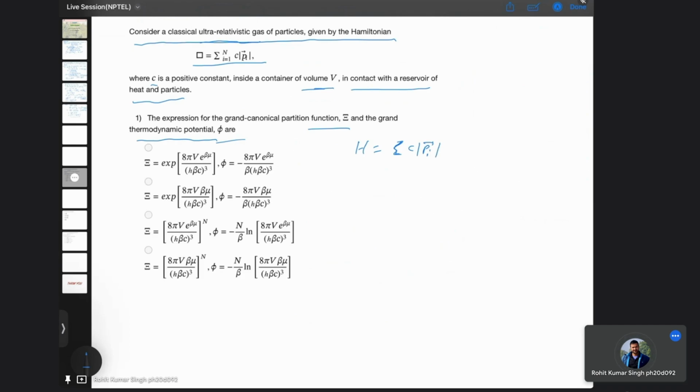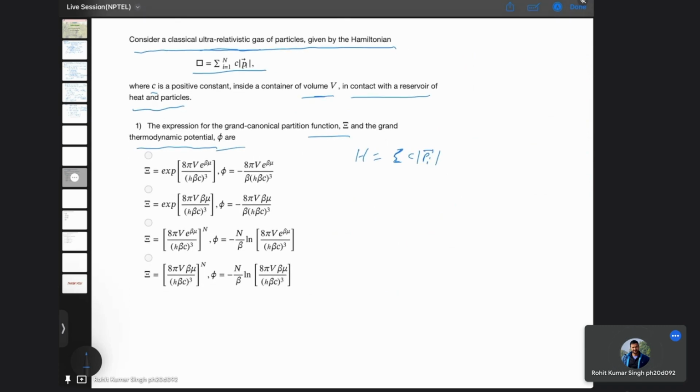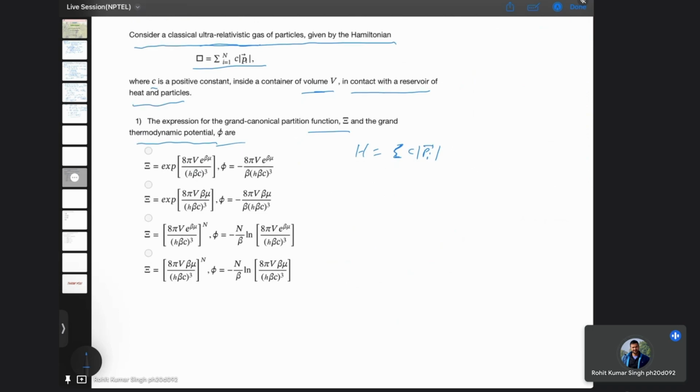This p_i is the momentum, basically the three-momentum vector of the particles, right?